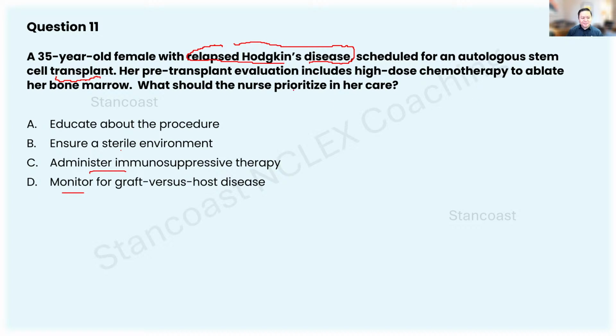Let's take a look on letter A. Educate about the procedure. Transplantation, stem cell. Letter A. Educate about the procedure. Well, it is also a priority. But will this be a higher priority to preventing infection?